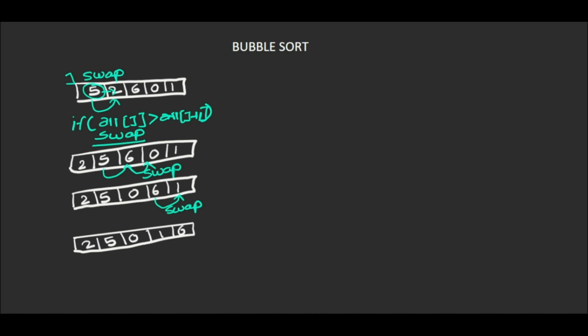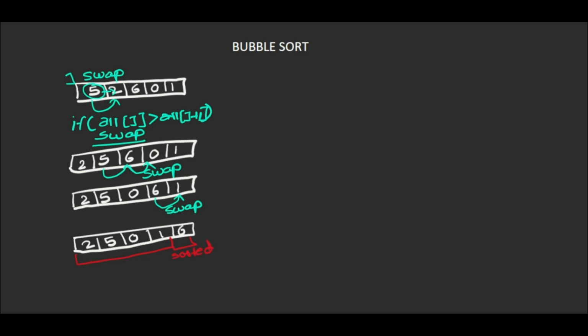Now if you see here, the heaviest element has popped up and come to the last. Now you need to sort the array only up to this, because this part is sorted.